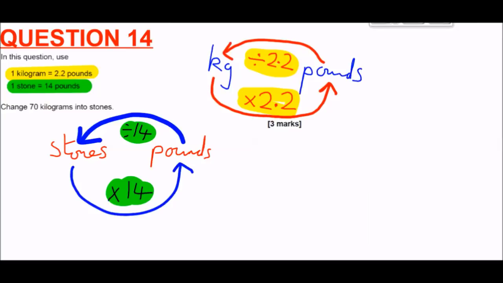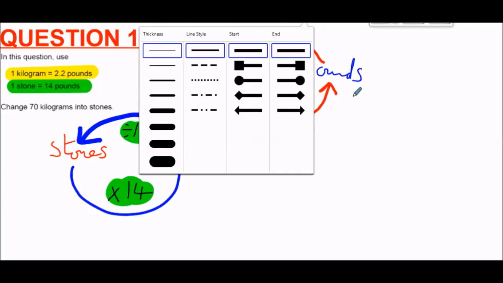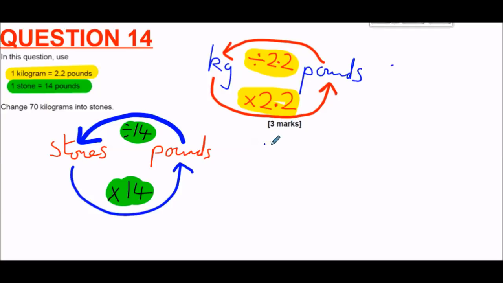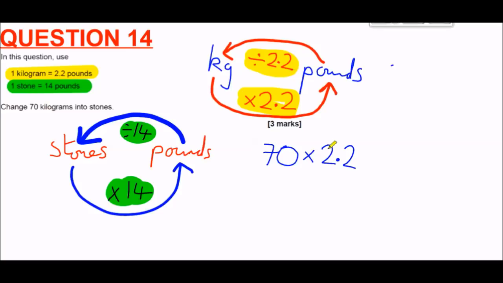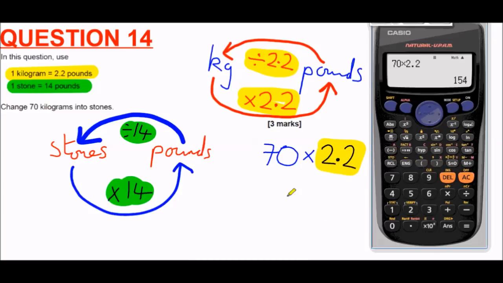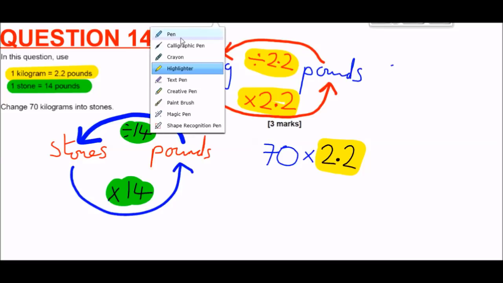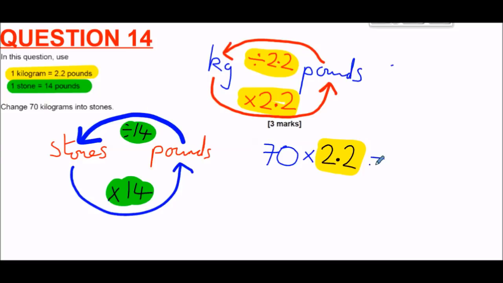So first thing we need to write down is that, 70 times 2.2, again using the fact that the conversion factor is 2.2, and that gives us, according to the calculator, 154 pounds.